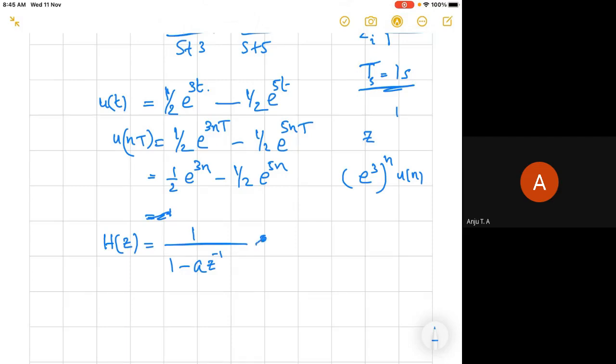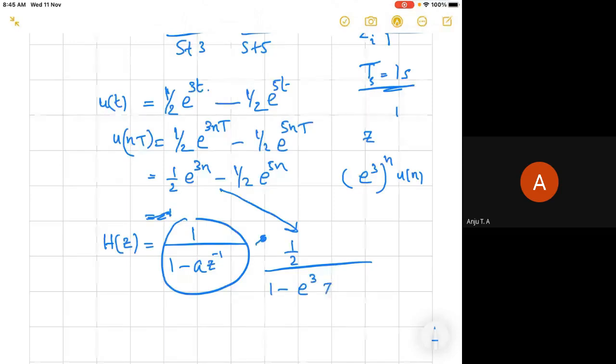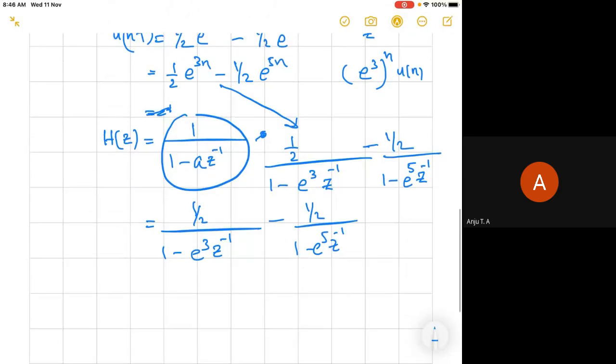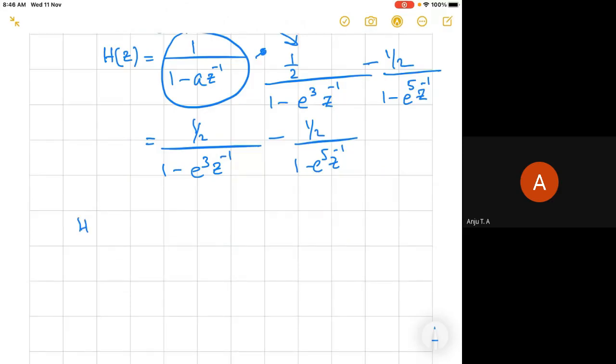So you can write these two terms as half into 1 by 1 minus e raised to minus 3 z inverse minus half by 1 minus e raised to minus 5 z inverse. So this is your z transform.